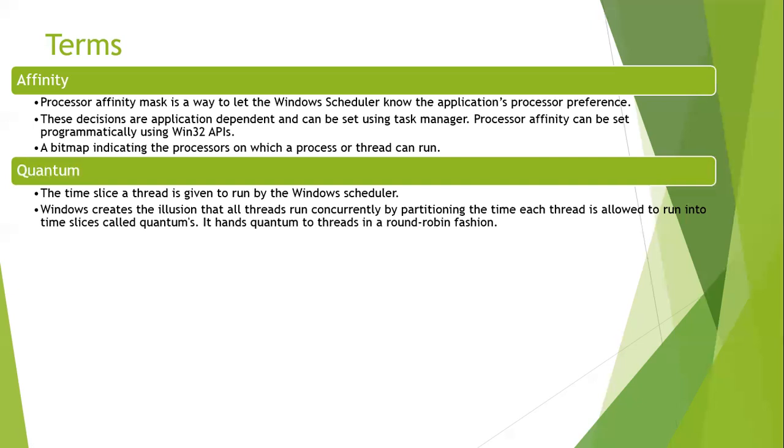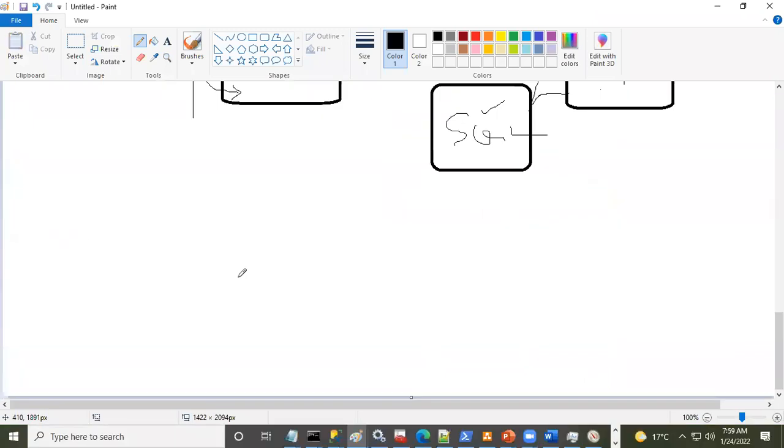The scheduler is nothing but your CPU. So Windows creates an illusion, right? So that all threads run concurrently by partitioning the time, right? Each thread is allowed to run for a time slice called a quantum, right? It hands the quantum to threads in a round robin way. I'll explain what that means.